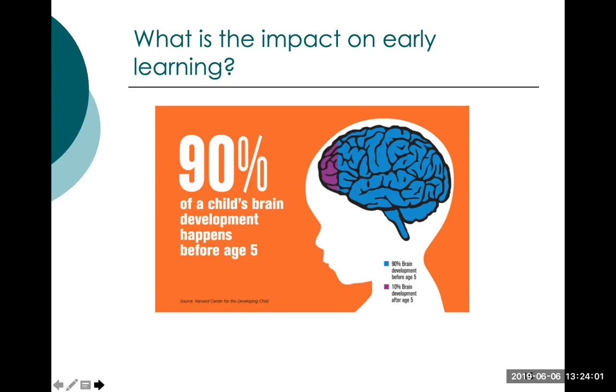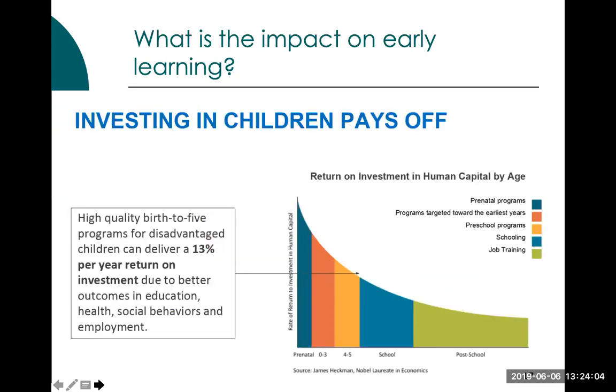The next one is making the same case in a slightly different way. Again, thinking that he was speaking to a business organization, he wanted to talk about return on investment. It's basically showing that for disadvantaged children, there's the highest return on investment in the very early years, 0 to 5.